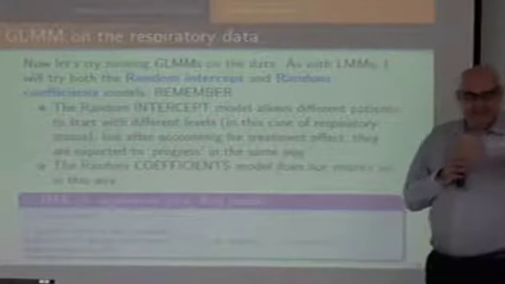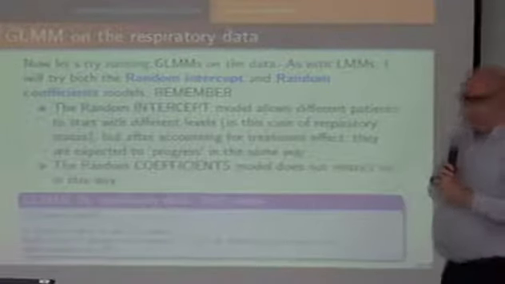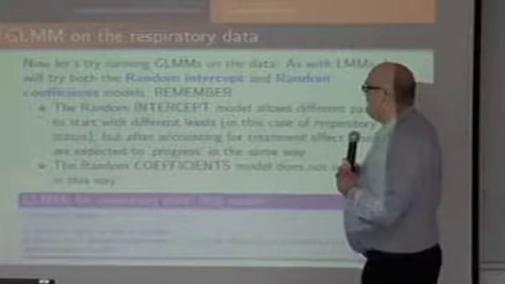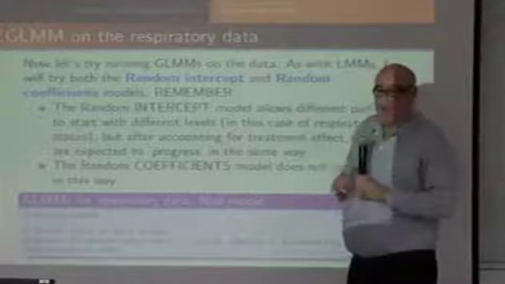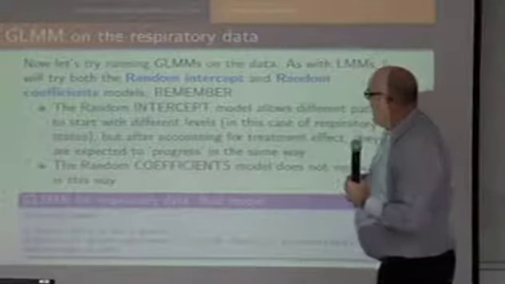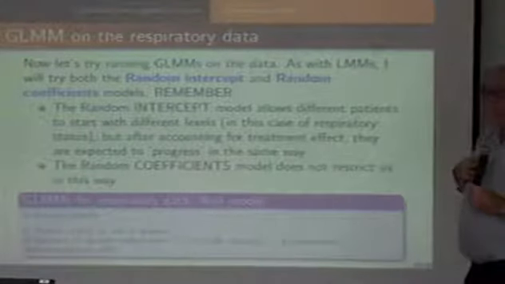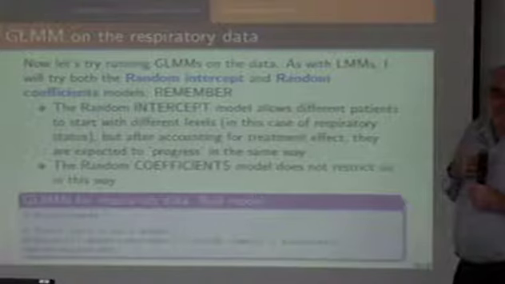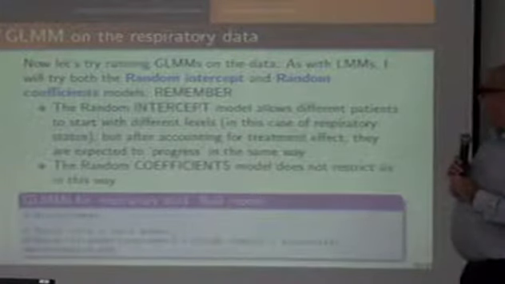Okay, quickly, the GLMM. I know I've only got about 5 minutes left. So now let's go and try a GLMM on exactly the same data. Again, I'm going to use both a random intercept and a random coefficients model. And remember, it's a little bit more complicated to interpret these coefficients when we're talking about a binary logistic regression model.